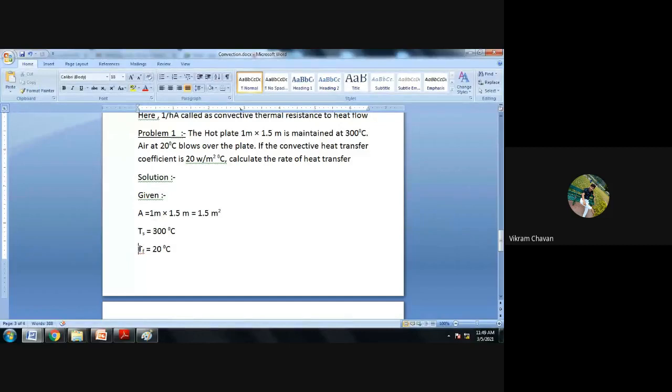And then further, the fluid temperature, that is the air temperature which is blowing over the plate, is provided as T suffix F equal to 20 degrees Celsius.